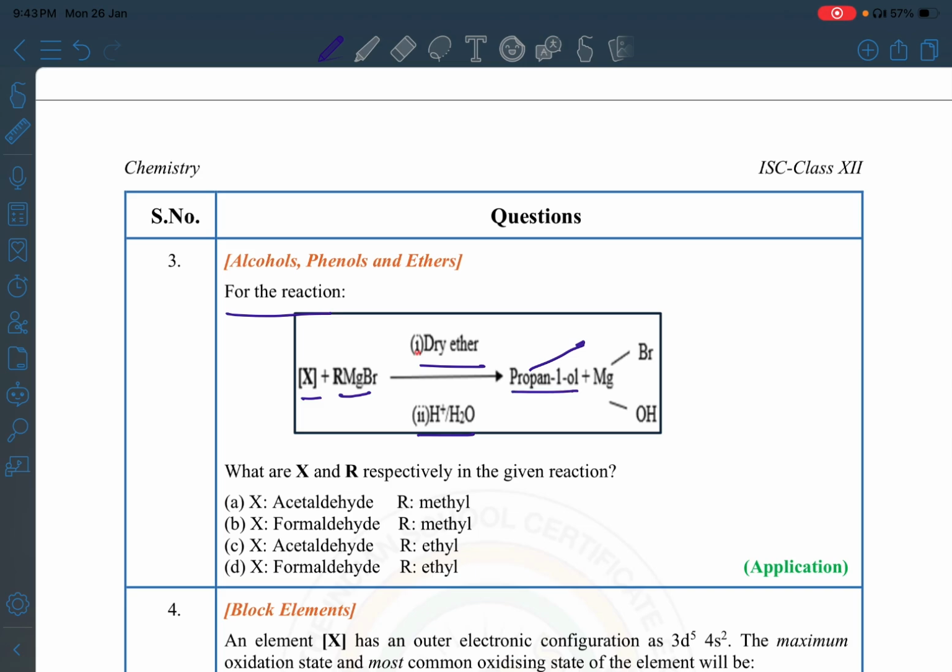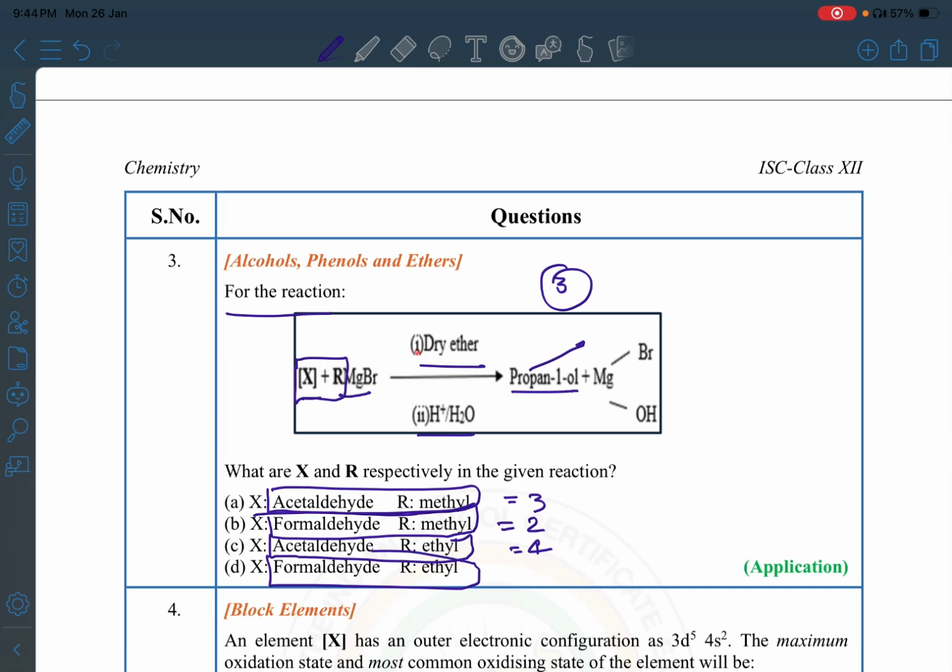Propanol contains three carbon, which is the sum of the carbons in X and R. Acetaldehyde contains 2 carbon and methyl contains 1 carbon, so total is 3. Formaldehyde contains 1 carbon and methyl contains 1 carbon, so total is 2. Acetaldehyde and ethyl both contain 2 carbon, so total is 4.